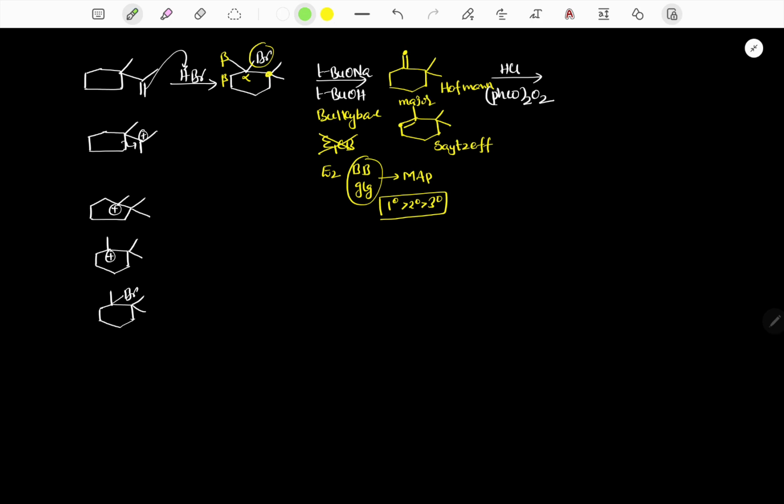Now alkene treated with HCl and peroxide. Even though peroxide is present, HCl does not undergo free radical addition. It undergoes electrophilic addition only, because the HCl bond enthalpy is a little high when compared to the HBr bond enthalpy.